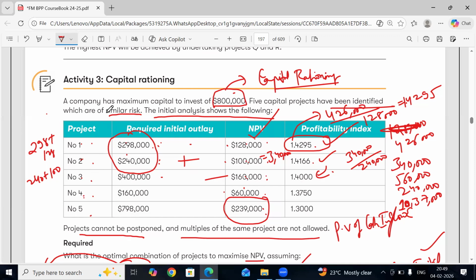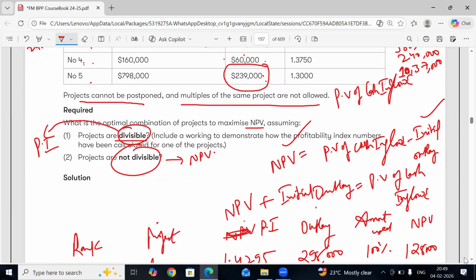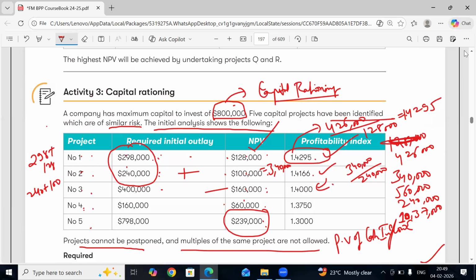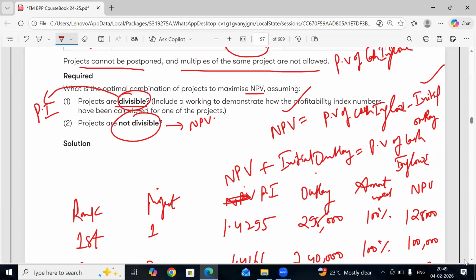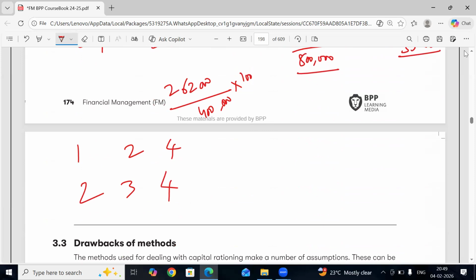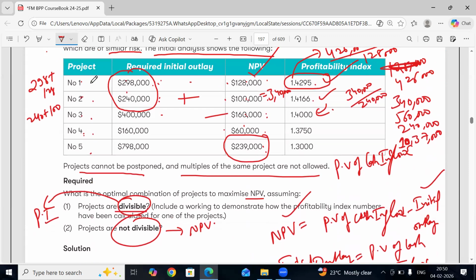Basically, we can directly add the NPVs. We did a question yesterday also, where we took combination projects P and Q, required investment, inflows, NPV. So we will take different combinations and check which is the best one.